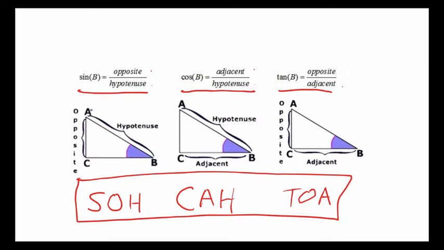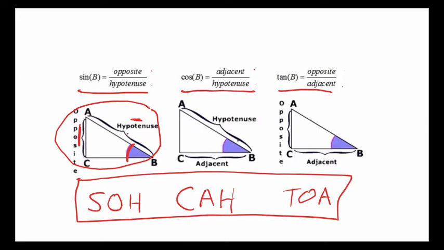So if, let's say, I have a triangle like this, and I'm given this opposite side and the hypotenuse, if I want to know this angle, I can use the sine function, because sine is opposite over hypotenuse.